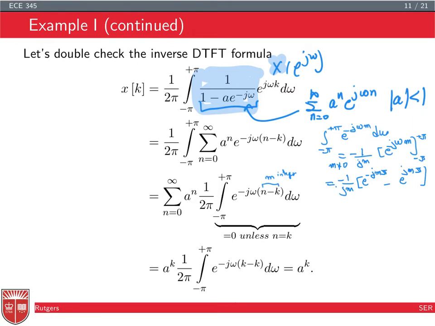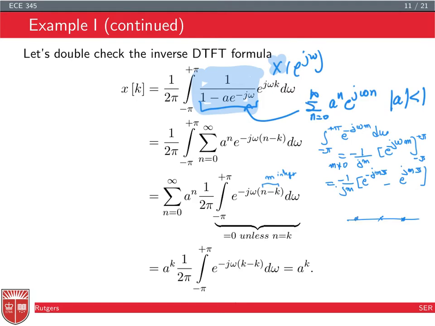So let's look at e^{jmπ}. You're doing m rotations, each one of an angle of π.